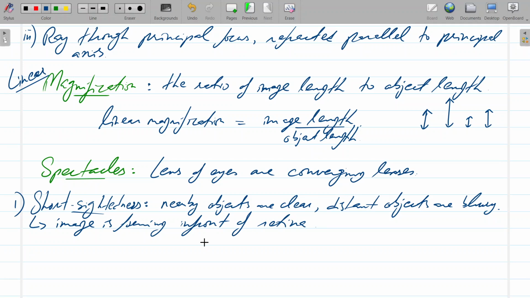The reason for that is either the eyeball has become too long, or the lens cannot be made thinner.